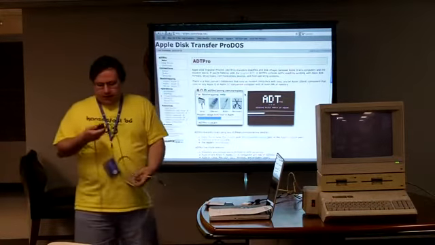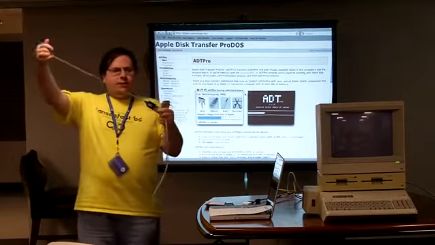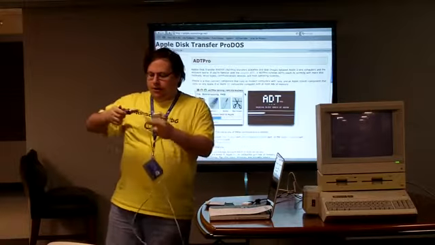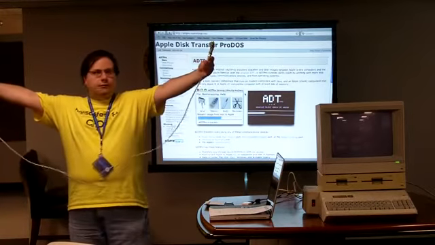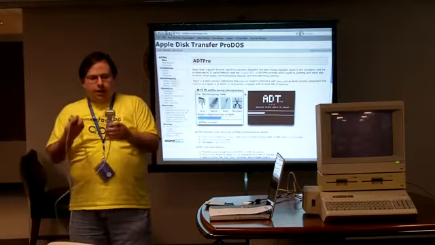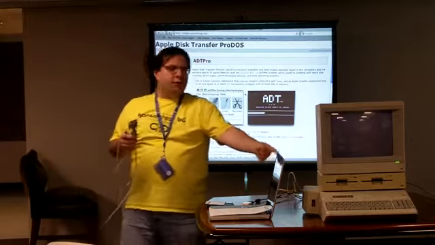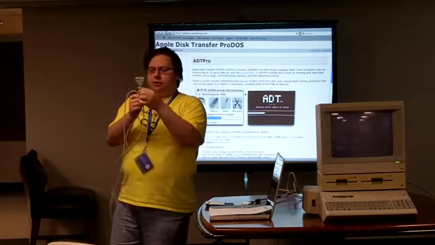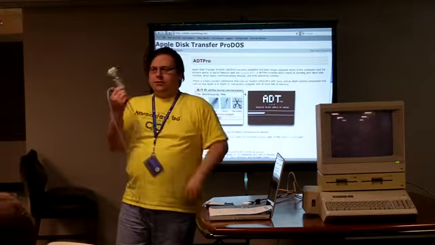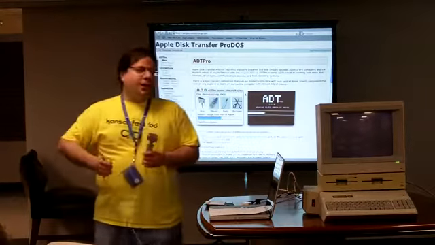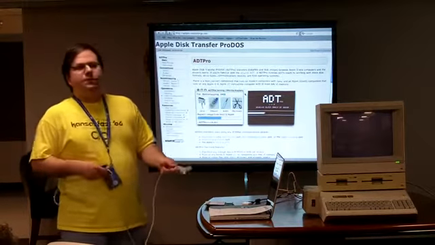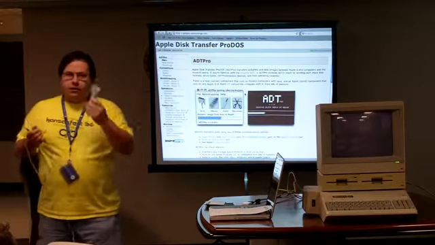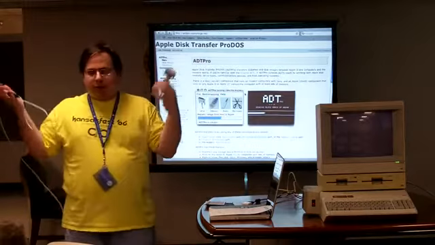But what you need is a USB to serial adapter, and then you need a serial cable, and then you need some way of connecting it to the Super Serial Card on the back of the 2E. Hence all the gender changers and size changers and whatnot. The cables that you get from the other website don't have nearly this much mess on the end. But it works, so that's what I'm going to use.